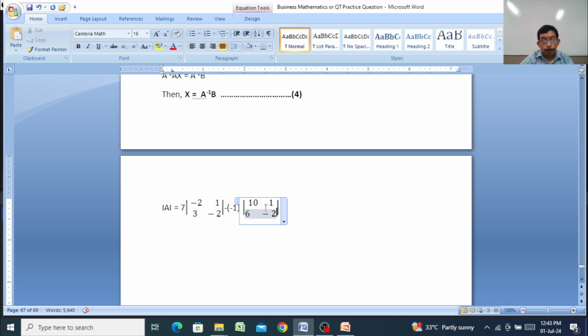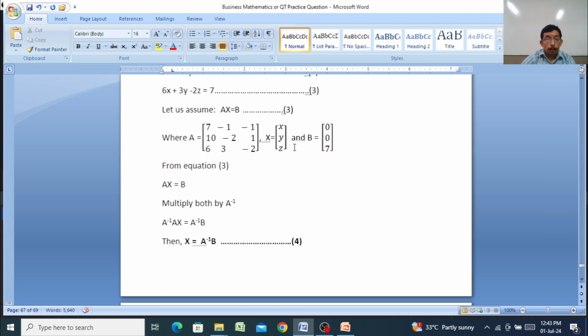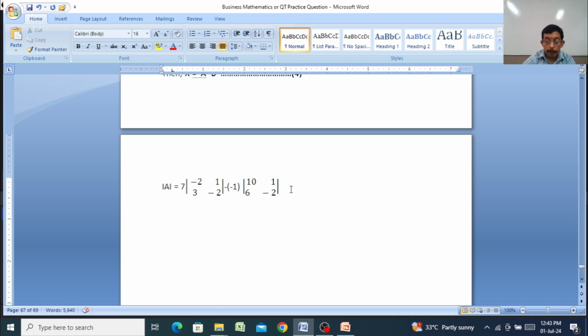The first row last element is also -1, then the sign taken is positive and the element is -1. Note down -1. And the cofactor of this element is C13.